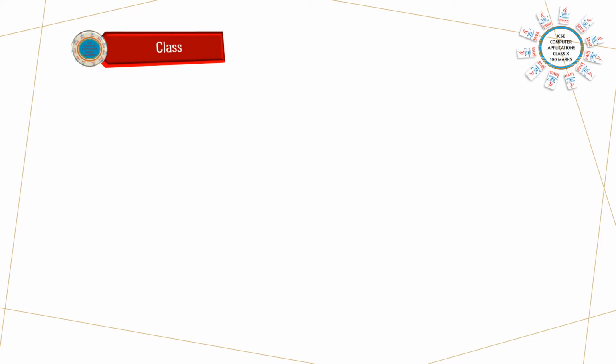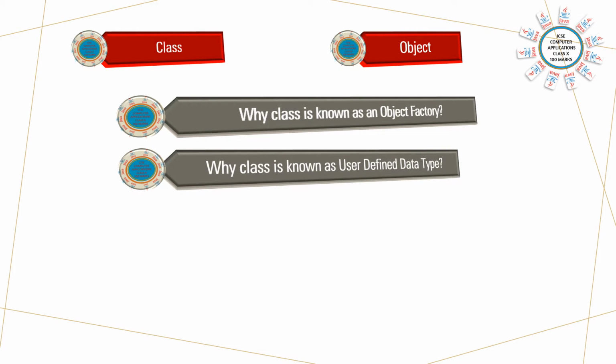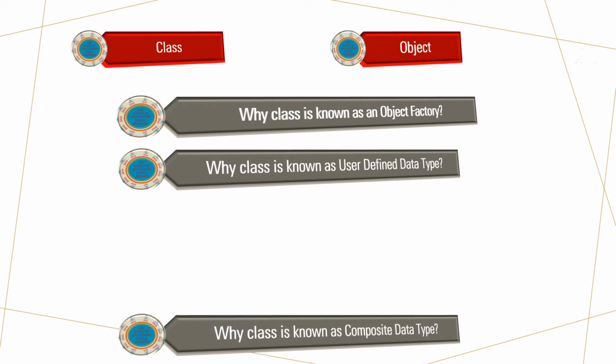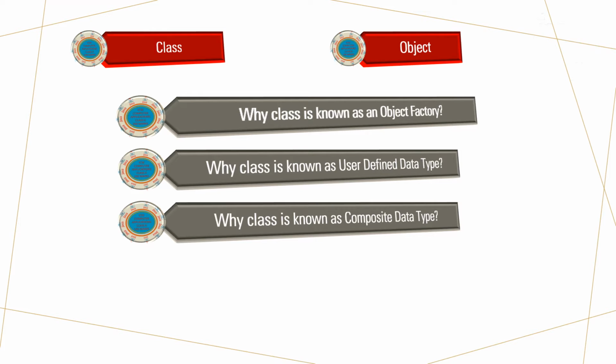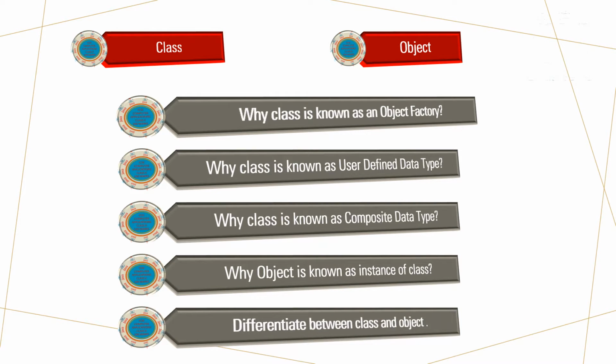The next important questions are definition of class and object that we have to study, and questions like why class is known as object factory, why class is known as user defined data type, why class is known as composite data type, why object is known as instance of class, and differentiate between class and object.